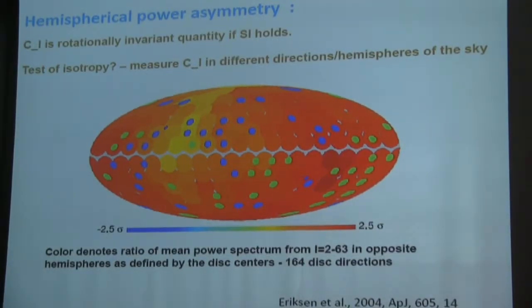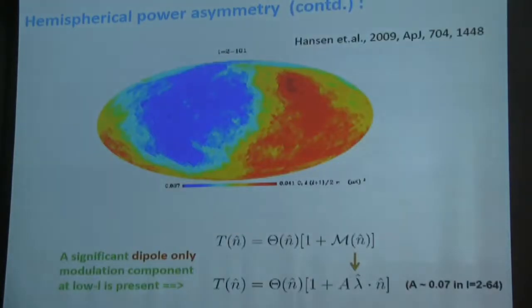This is at a very significant level compared to the fluctuations expected from isotropic simulation. In a given realization, you always find some amplitude because it's one realization, but the amplitude is at the level of 3 sigma compared to the fluctuations expected from standard model simulation.